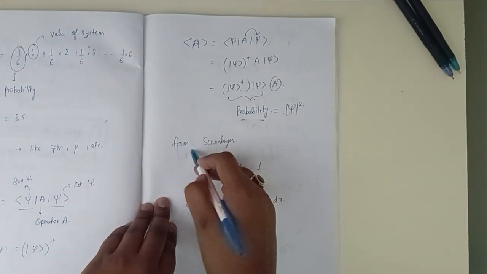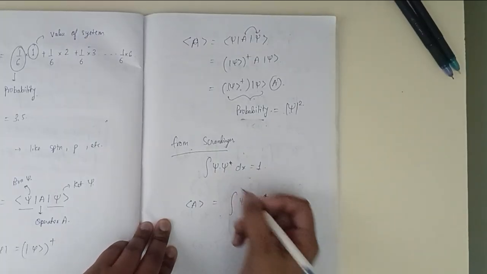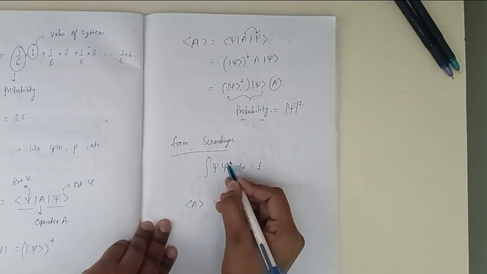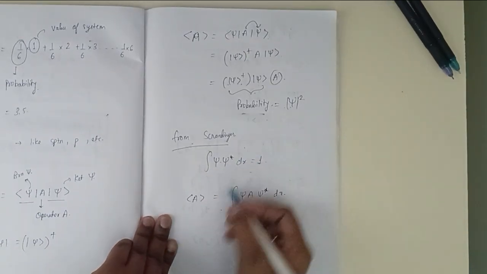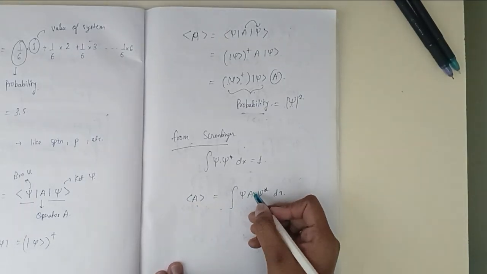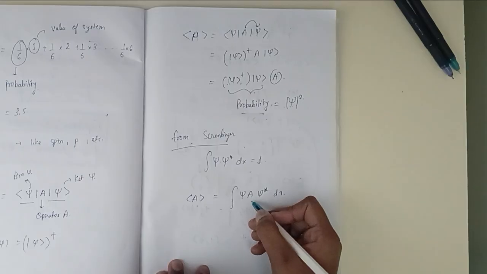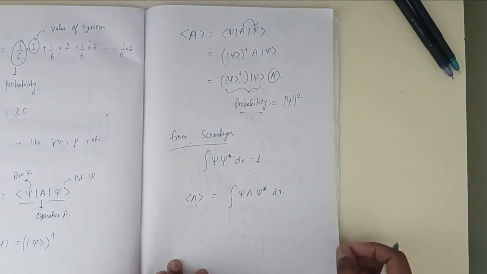We have taken this from Schrodinger. What does Schrodinger say? That the integration of psi times psi star dx equals 1. So we can also write the expectation value of A equals the integration of psi, operator A, psi star dx.